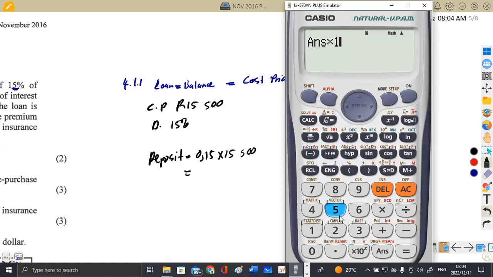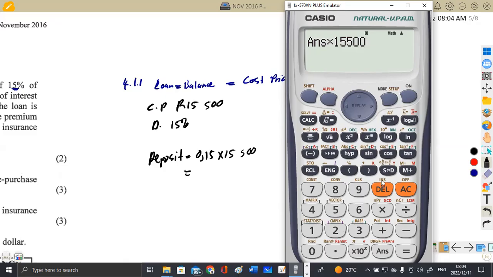0.15 times 15,500, that is 2,325. Are we together, guys? I think I put a lot of zeros here.